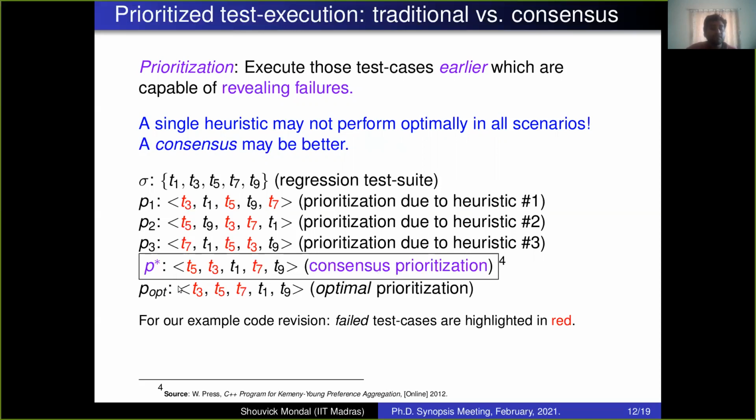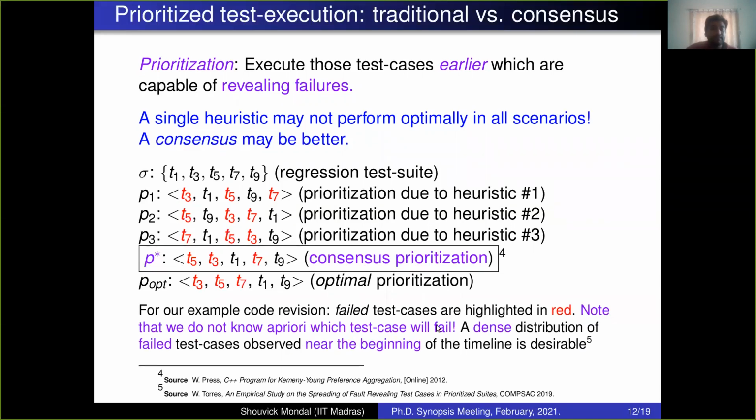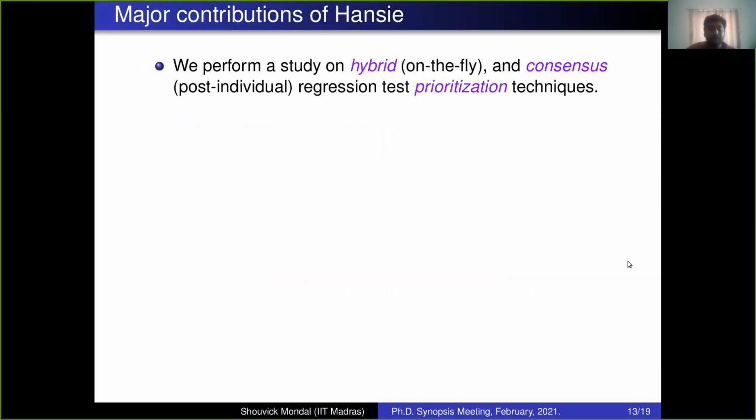Now, this is fictitious, and we use it as a baseline just to compare how close my prioritization is to the optimal scenario, because a priori we do not know which test case is going to fail. So we see that a dense distribution of failing test cases near the beginning of the timeline is a desirable effect, and consensus may be better. In this case, it is better.